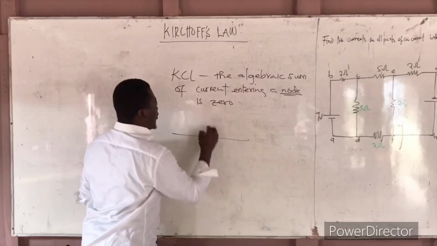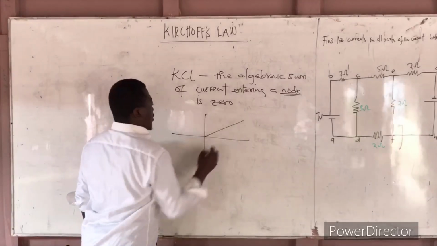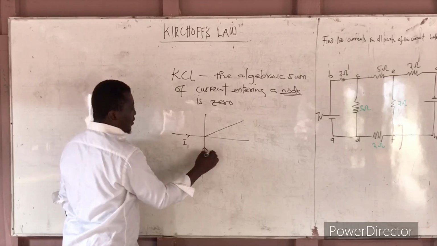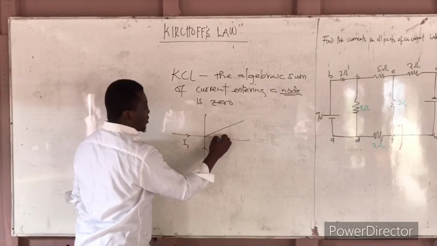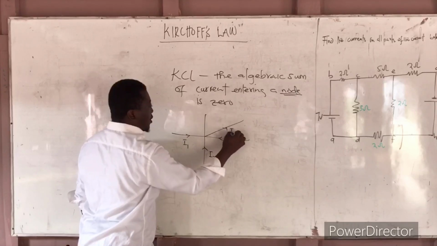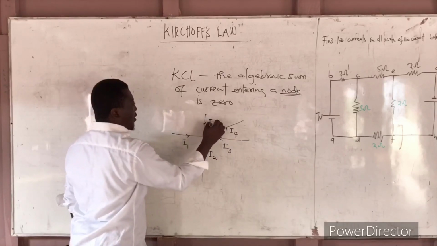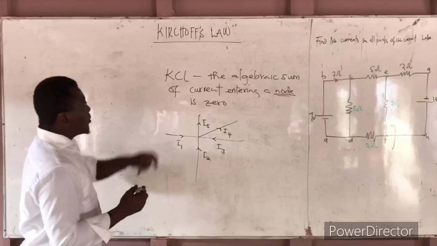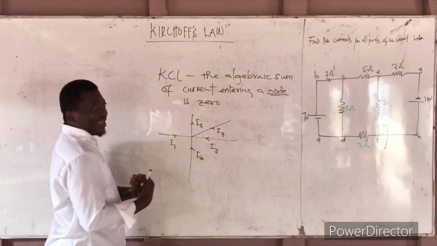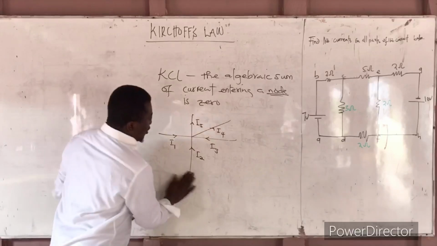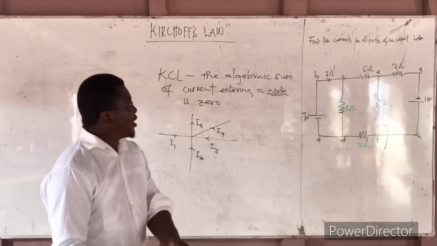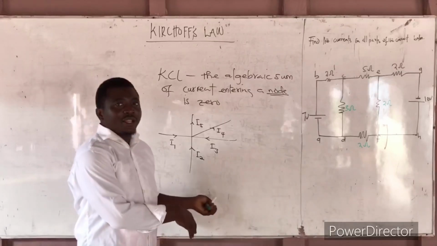So for example, if you have this, you can see that maybe I1 is entering, I2 is entering, I3 is entering, but I4 and I5 are leaving. So from KCL, it is telling us that the algebraic sum of current entering is zero. Some people also state it as current entering a node is equal to current leaving the node.